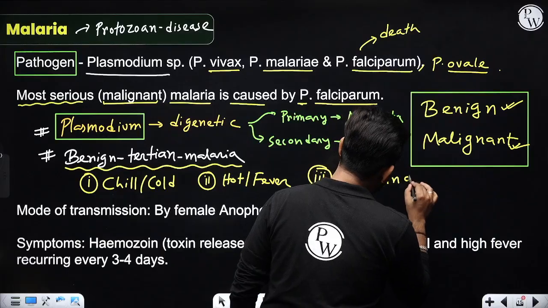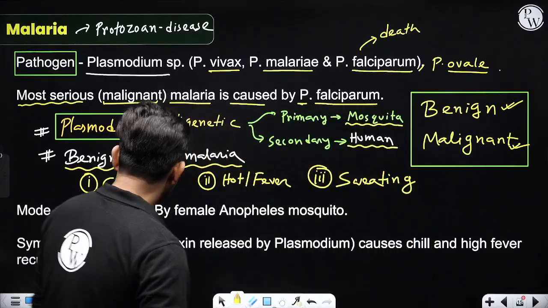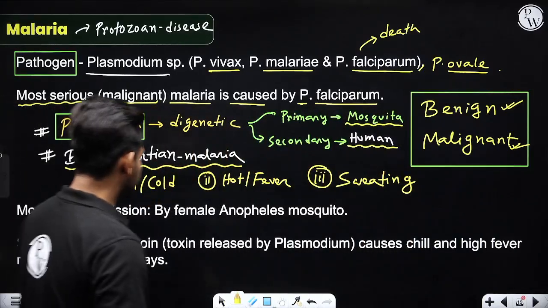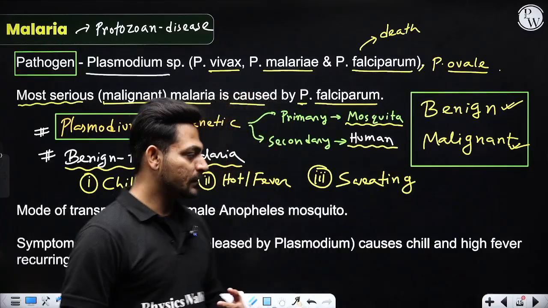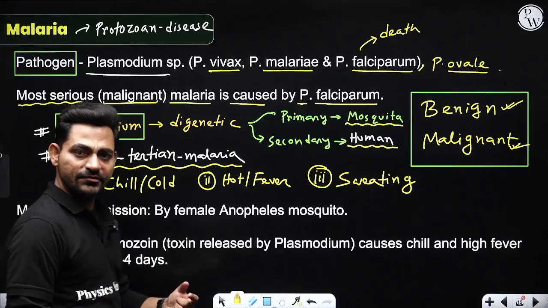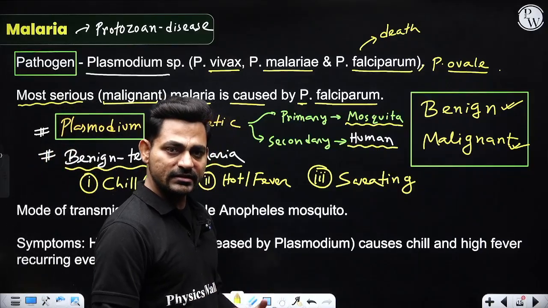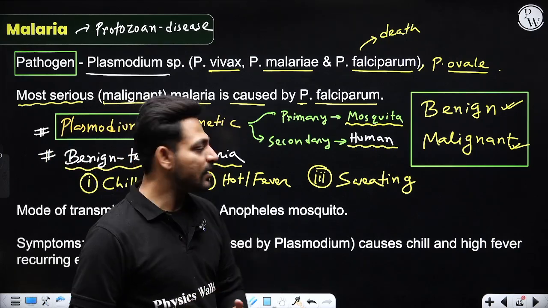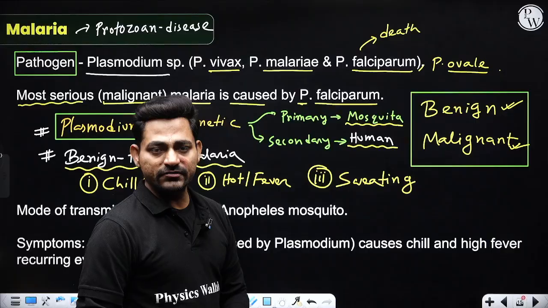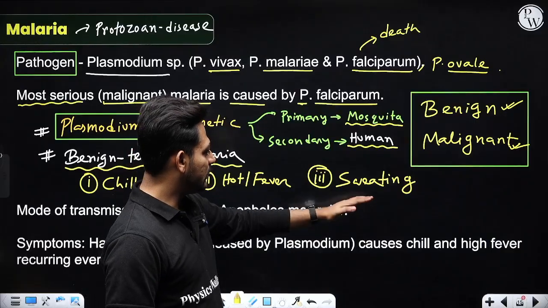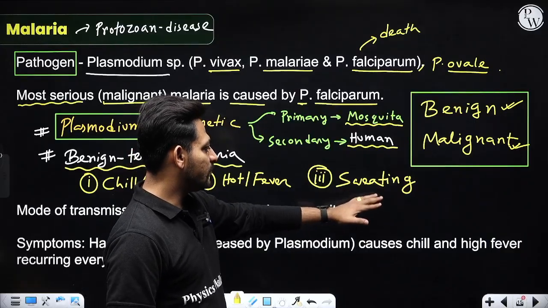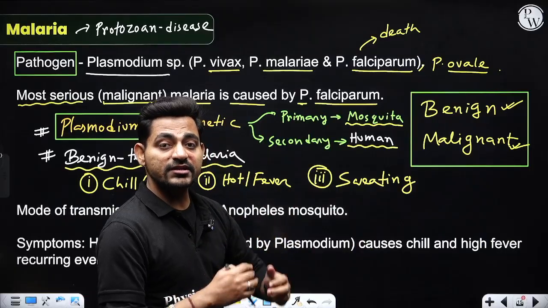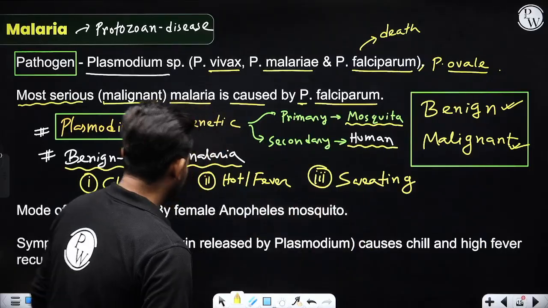A sweating phase will be there. So benign tertian malaria has 3 stages: the cold stage before the arrival of the fever, then the hot stage or febrile stage, from 3 hours to 10 hours, and the fever will recover by excessive perspiration or sweating.